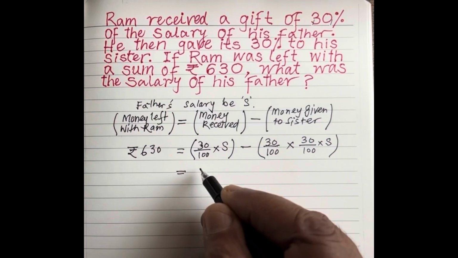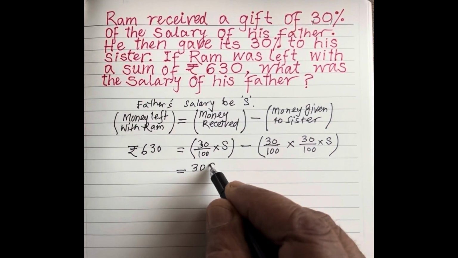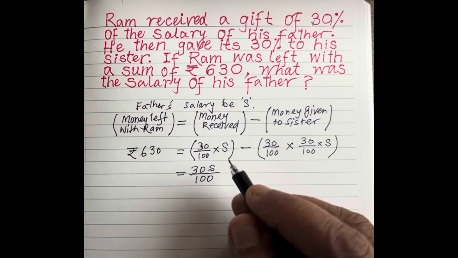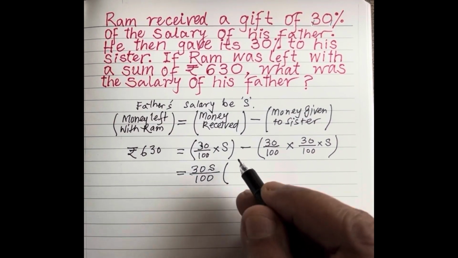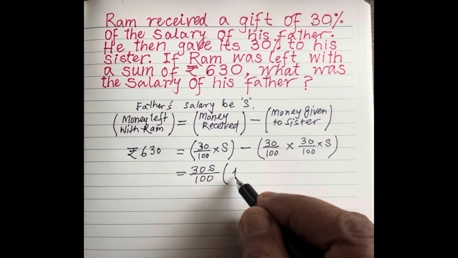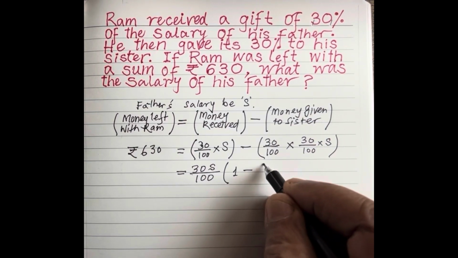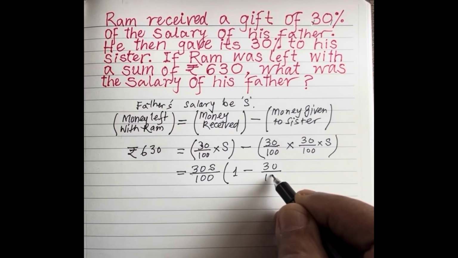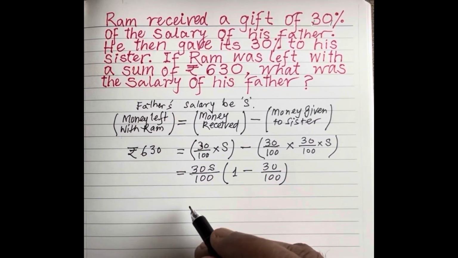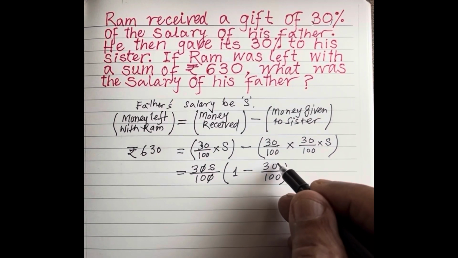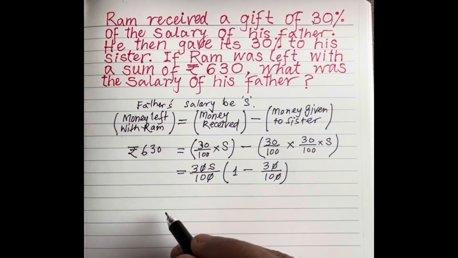So we'll get 30S over 100, and within the bracket we'll get 1 minus this 30 over 100. Now this 0 cancels out with this 0, this 0 cancels out with this 0.